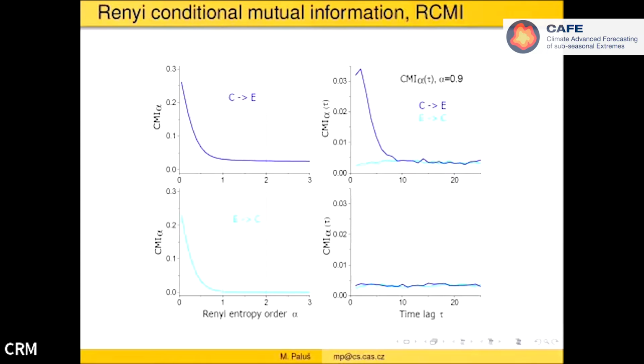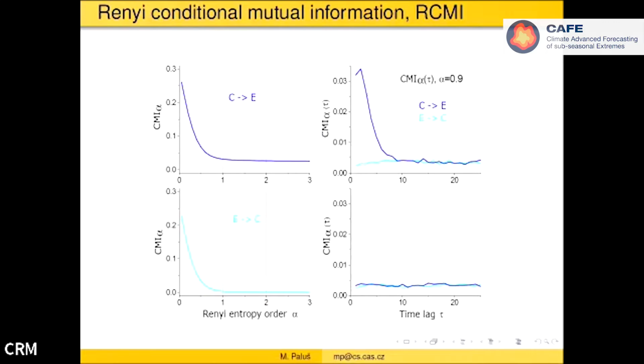So this is the dependence of CMI on alpha, and when we take alpha equal to 0.9 here, we plot the dependence of CMI on the time lag tau, so forward time in the future. We can see here, where the dark blue is the causal direction from C to E, that this causality lives only for some limited range of time lengths.